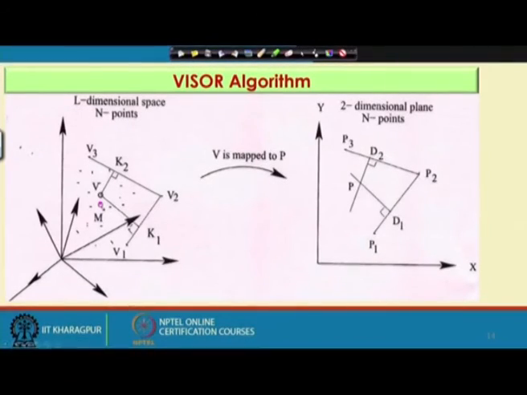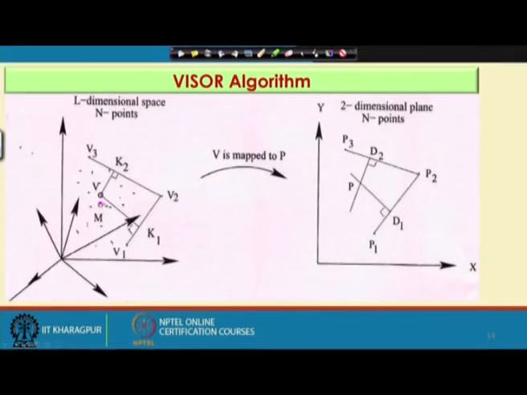We add all capital N numerical values and then divide by capital N, and that will be the first dimension information for this centroid point. The same procedure we repeat for the second dimension, third dimension, up to the L-th dimension, and we can find out the coordinates of the centroid point, that is M.